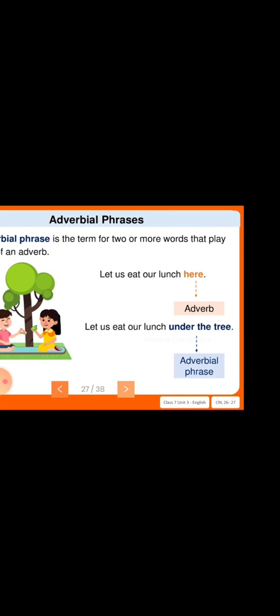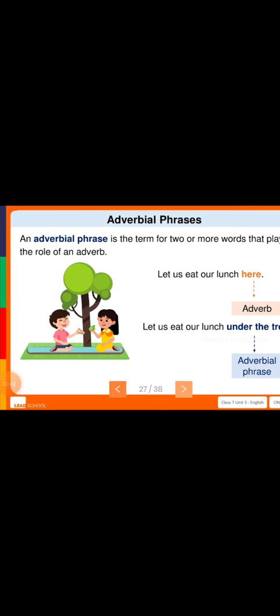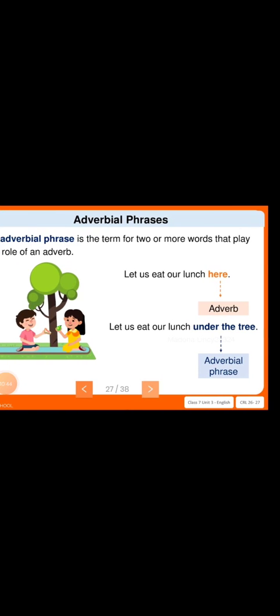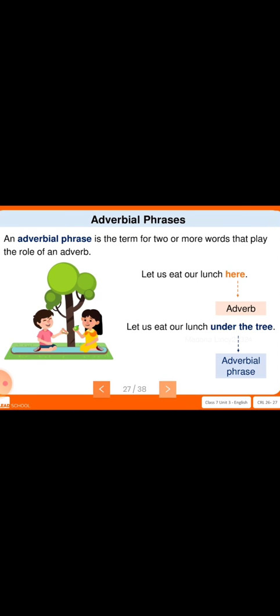So I'll compare and show you. Let us eat our lunch here. We said that here is the adverb, and let us eat our lunch under the tree has an adverbial phrase. So here the place has been taken into this. On the top you can read, an adverbial phrase is the term for two or more words that play the role of an adverb.